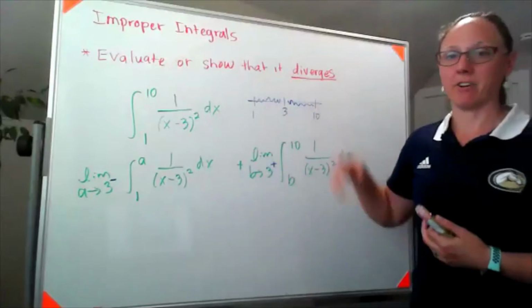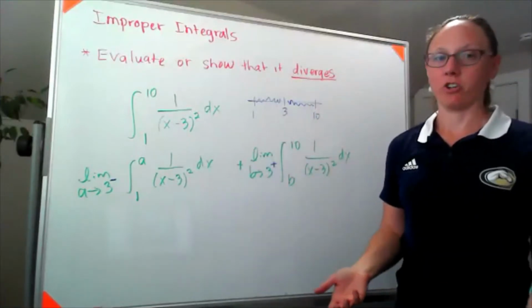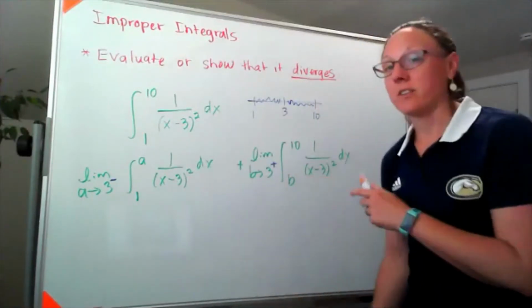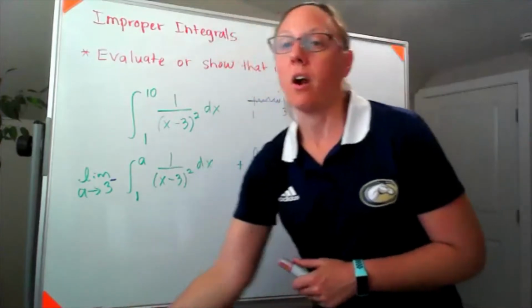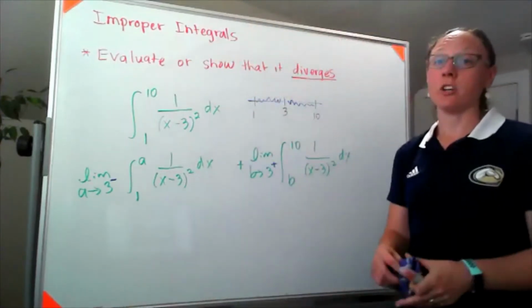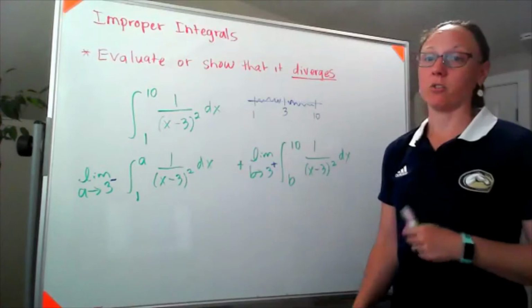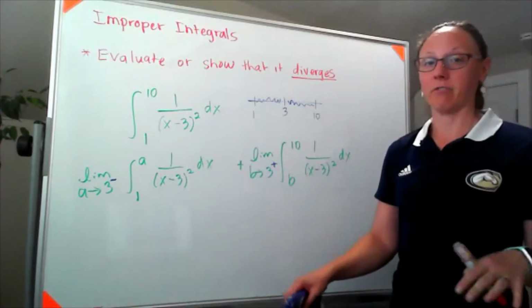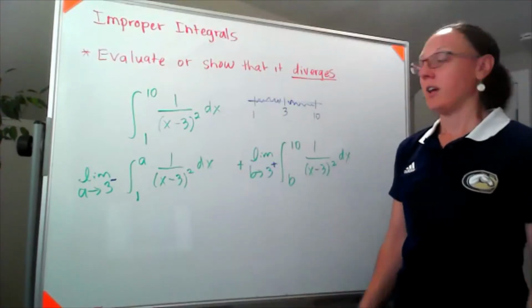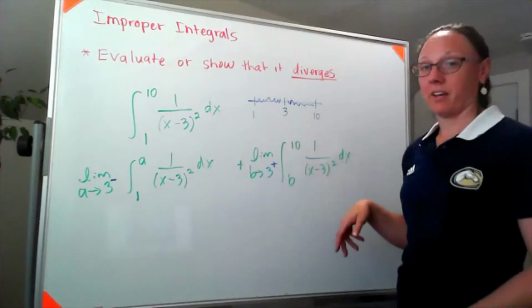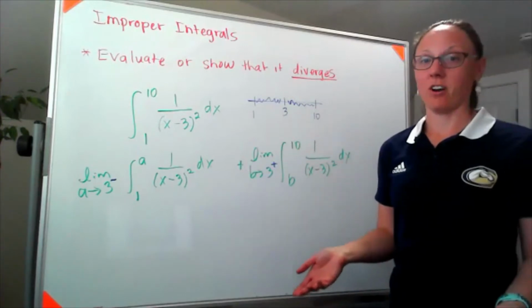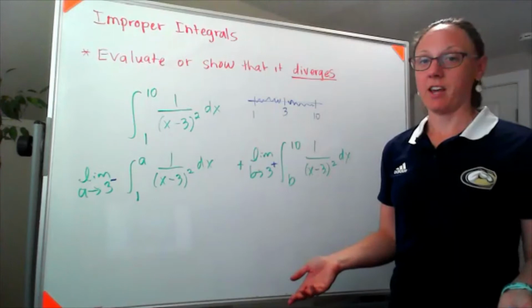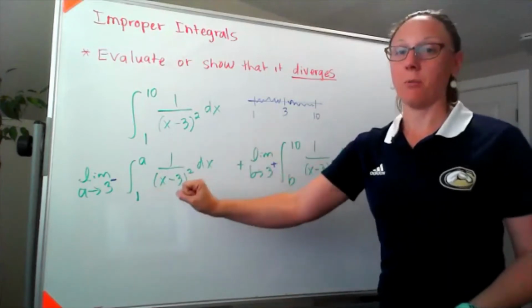It does not diverge. We could also say that it converges. There's a question about whether, if one part of the integral diverges, the entire thing diverges. Correct. So if you've done one part of it and you already got an answer of infinity or negative infinity, then you can right there just stop and say it diverges.